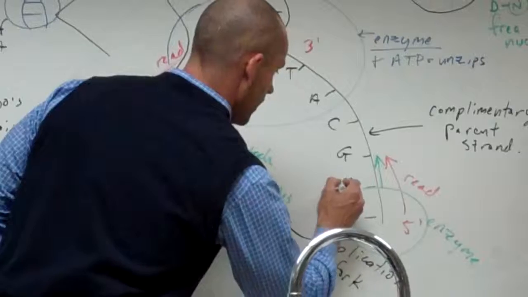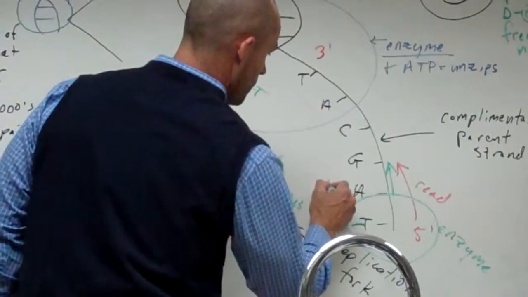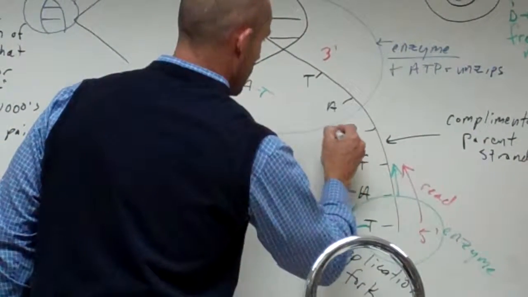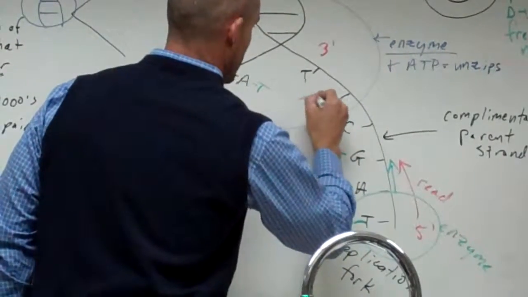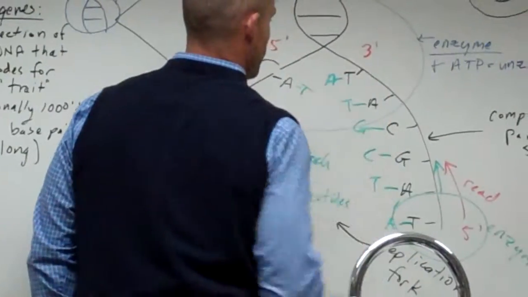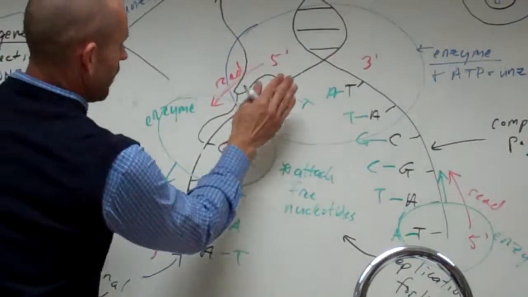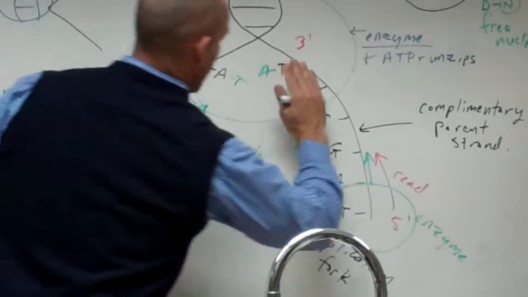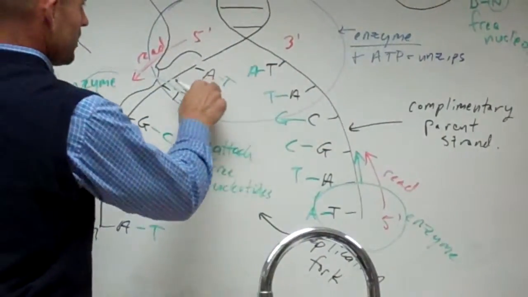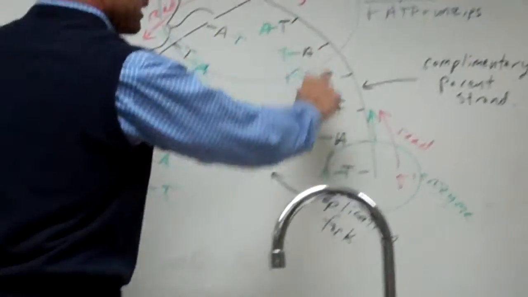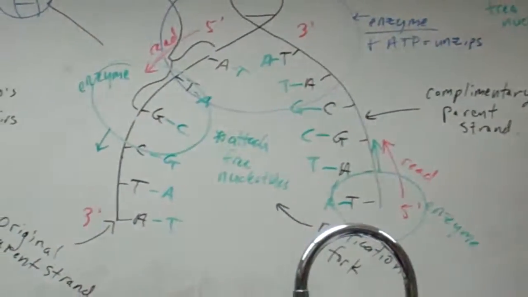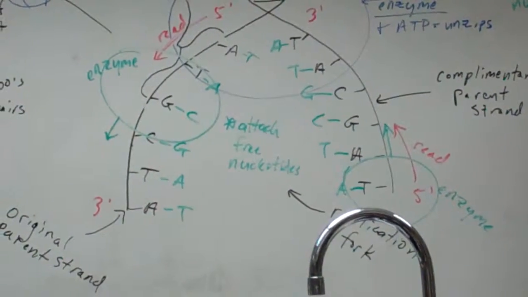He attached an A. Oh, I got an A, so I need a T. T. T. G. G. T. A. So when you look at it, if you were to cross this out, hold these two, this side ends up being an identical copy to this side. See it?